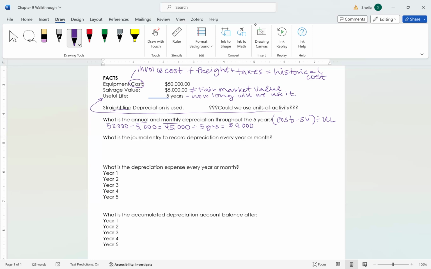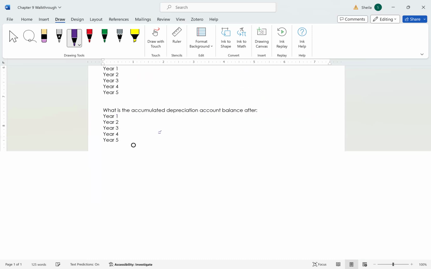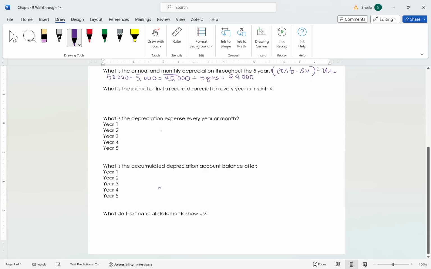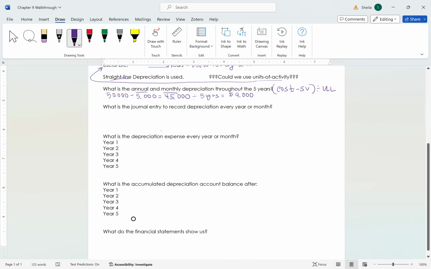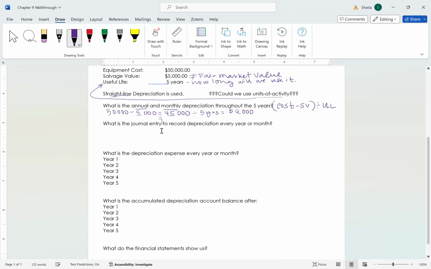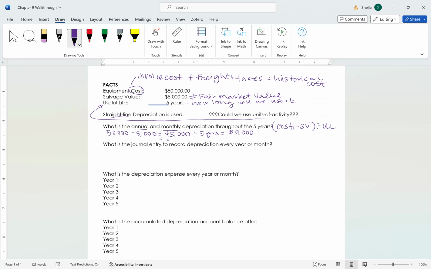Now, we could divide that by 12, and that would give us our monthly depreciation, okay? Or if you knew that you were planning on booking monthly depreciation, you could just go straight to, again, the 45,000 divided by 60 months. That's the equivalent of 5 years. And that would be $750 per month.